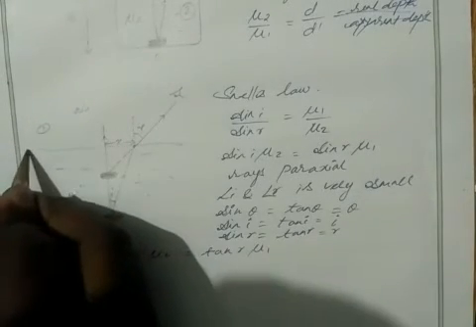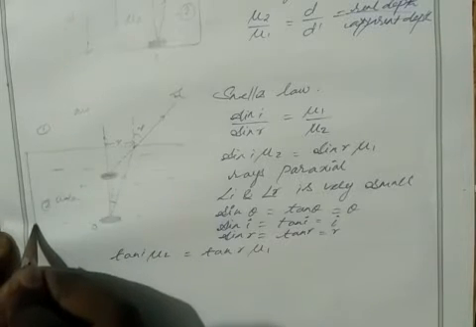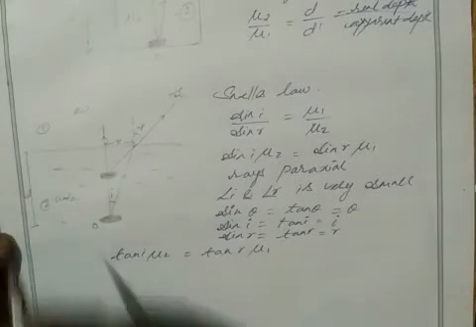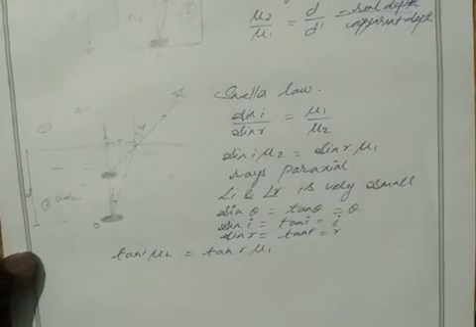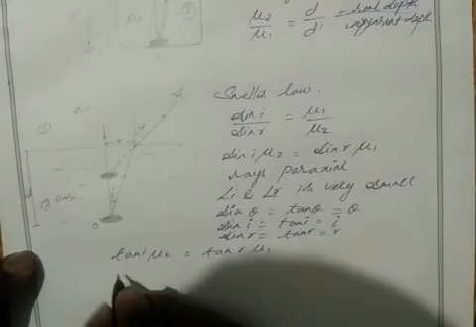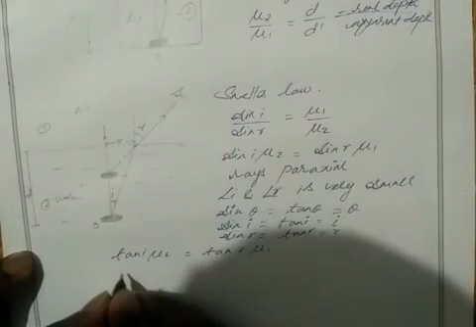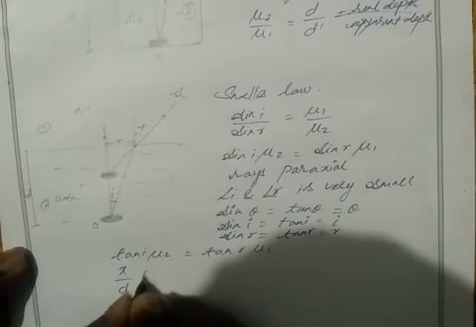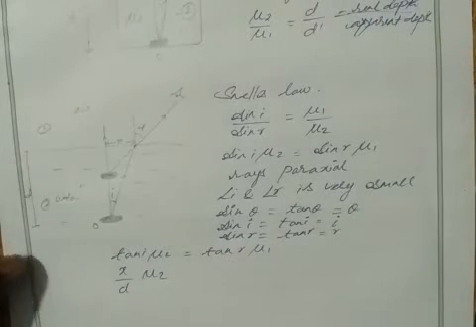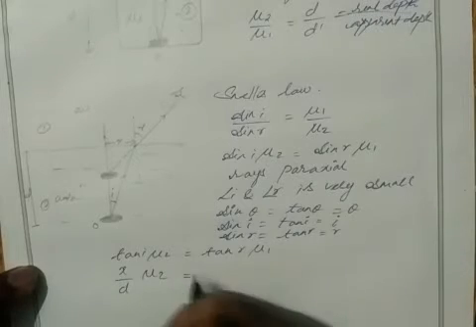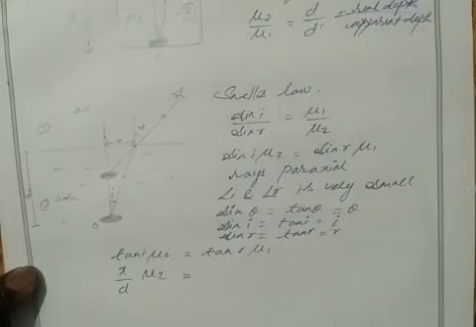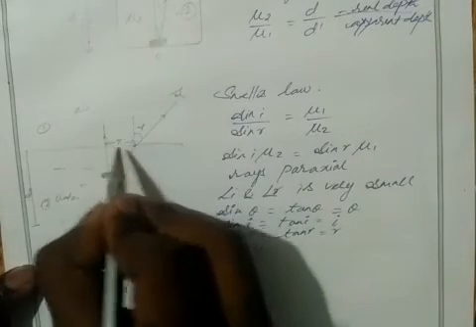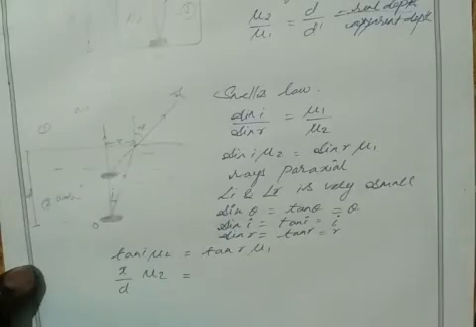Adjacent is nothing but the real depth d. So for tan i, opposite by adjacent, opposite is x, adjacent is d, so x by d times mu2. Then for the other triangle, tan r comes here. For this small triangle, I apply tan r.